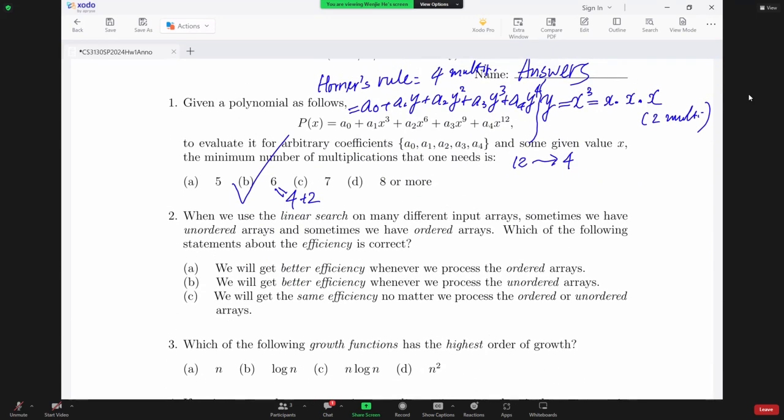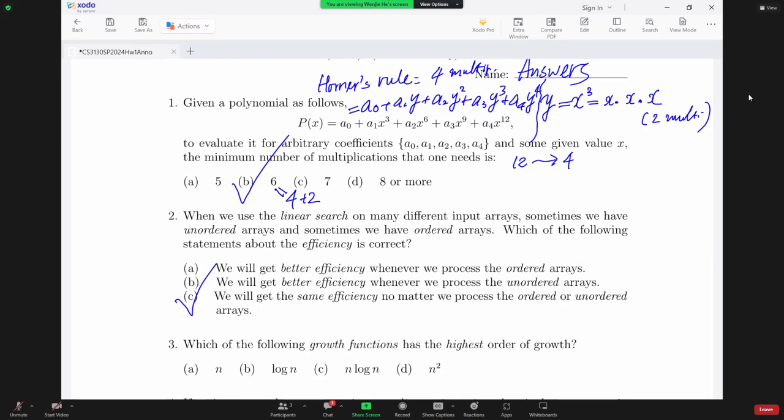Second answer is C. Let me explain why not A, not B. In a typical situation, when we use linear search on many different input arrays, most of the time we get unordered arrays, but there are some relatively small cases where we may have ordered arrays.